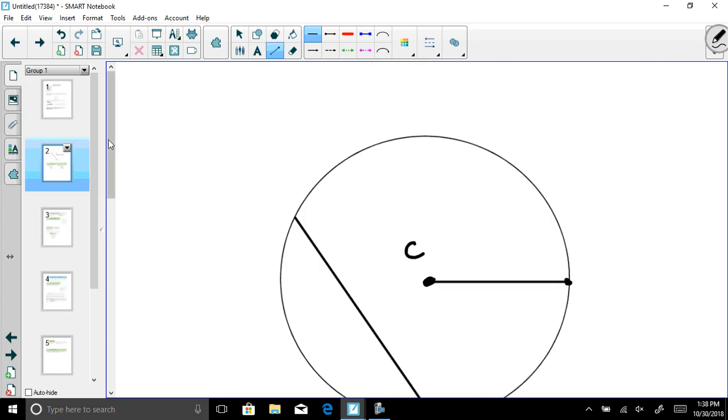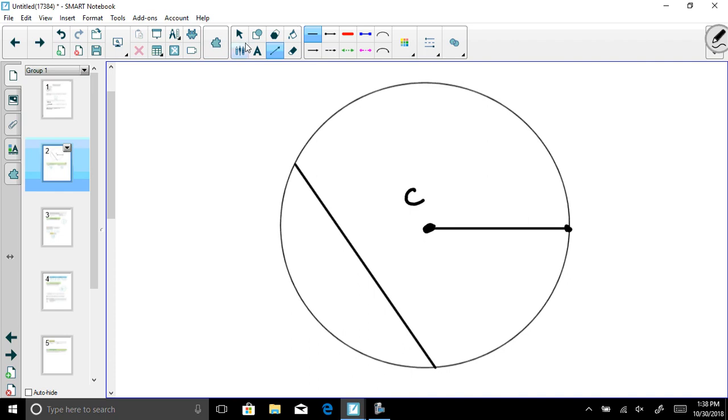So I'm back here on my circle. I need a chord, so it's got to have endpoints on the circle. So let's just start here again, and this one should actually go through the center of the circle. So it should go through point C, and that chord goes through the center of the circle.